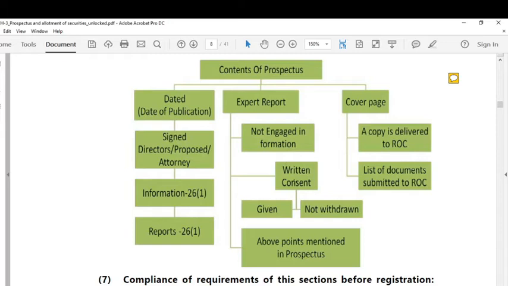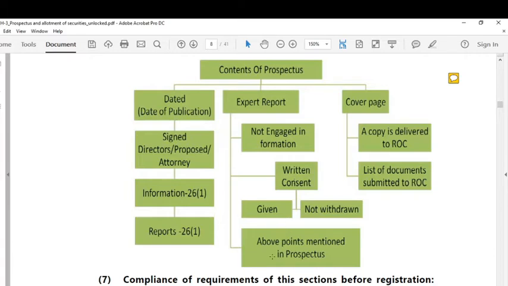Also, he should have given his written consent to give services as an expert for the prospectus of the company, and the consent which was given and filed with the registrar should not have been withdrawn. Otherwise, such a person cannot give an expert report to the prospectus.